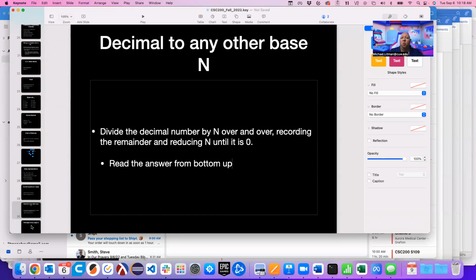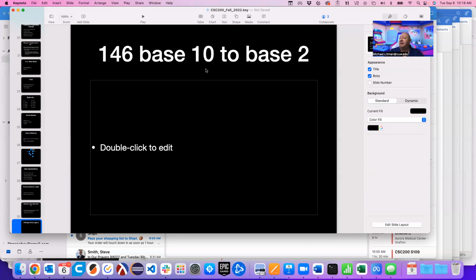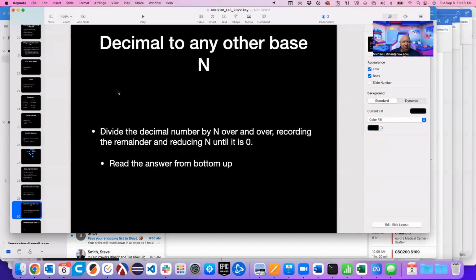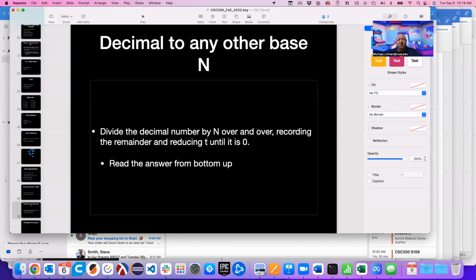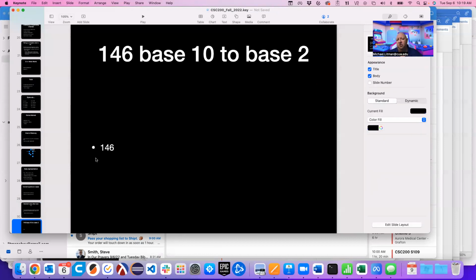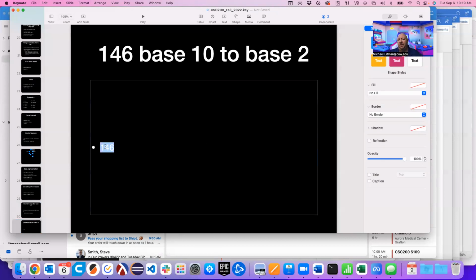So in order to convert 146 to base 2, we're going to start with our 146. Hold on, I want to divide the decimal number by n over and over, reducing the decimal number, not n, until it is 0. So we start off with 146, which is our base 10.